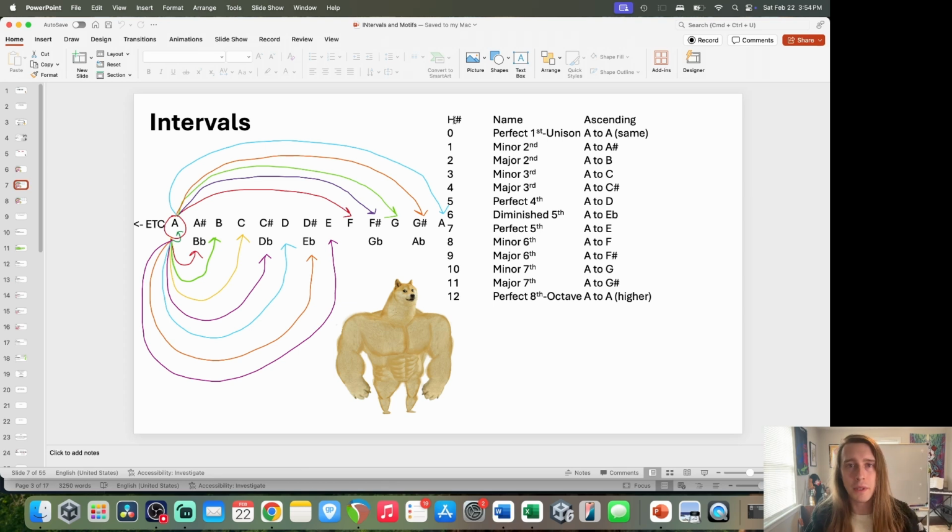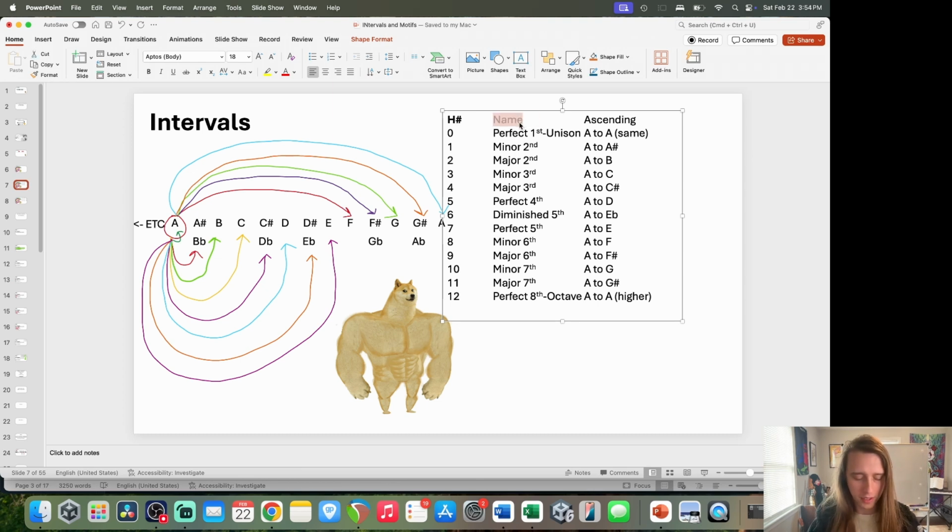In this first column here, where it says H, just bolded it. That's the amount of half steps we're moving. Then we have name. That's the proper intervallic name for the intervals, depending on how far you move. And we're going to start with ascending, meaning we're just going to start going up.